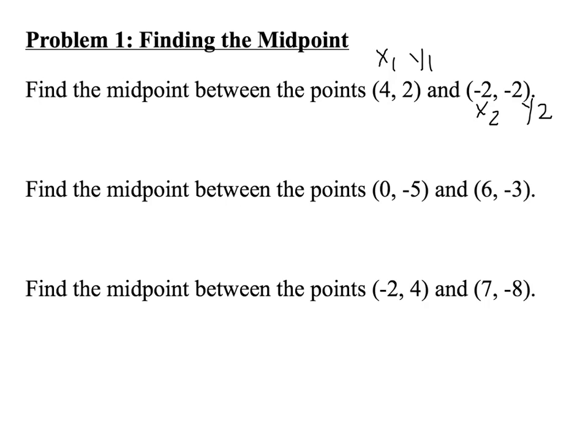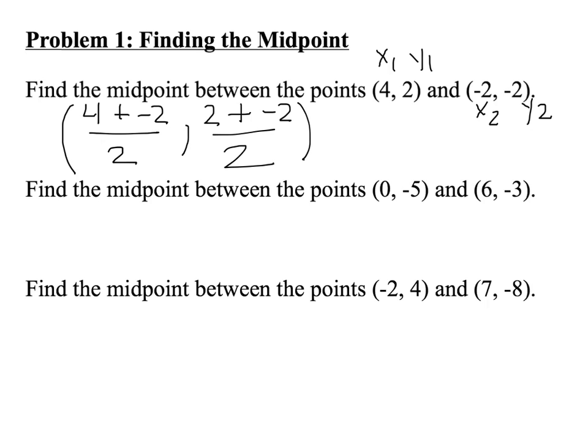So my formula is, in parentheses, x1, which is 4, plus x2 divided by 2, comma, y1 plus y2 divided by 2. And then you should always simplify that.